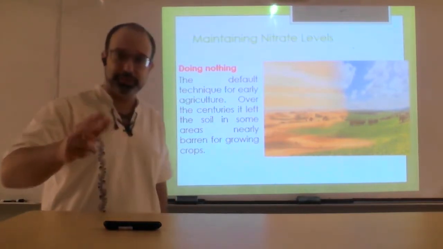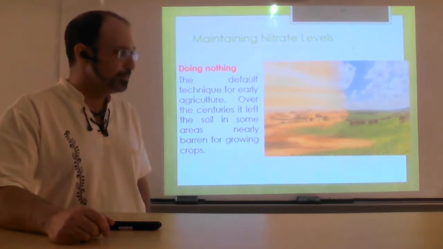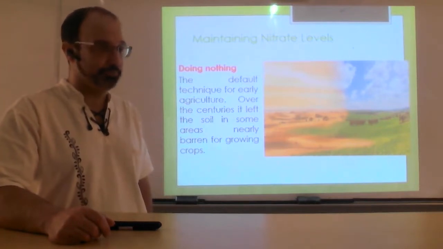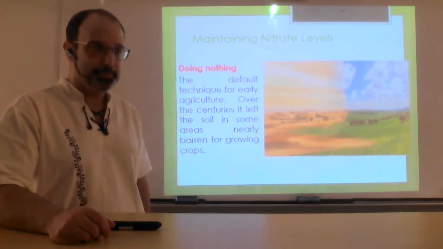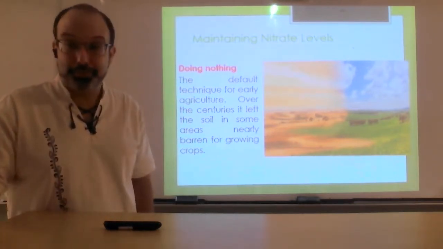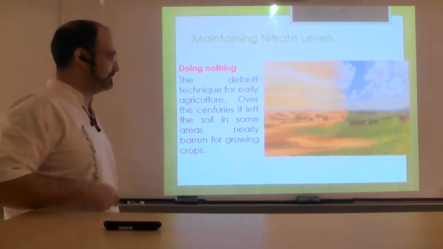But those are the first 3 that we've managed to get records for and we find archaeological evidence for. But the Middle East is not nearly as fertile as it used to be. Egypt is doing okay still, but not as great as it was. It's from over farming and because we didn't know that was a problem originally. So the first way that you maintain nitrate levels is you do absolutely nothing.